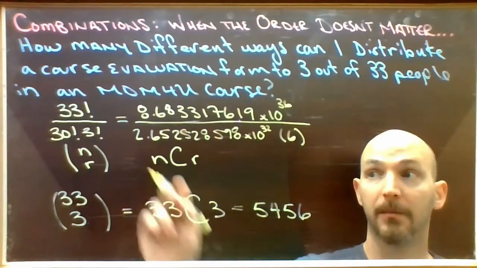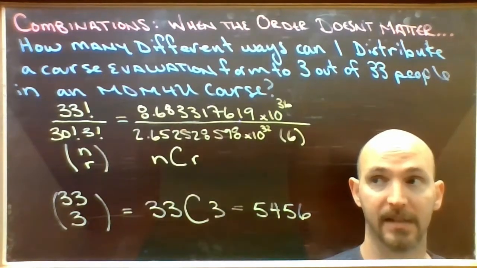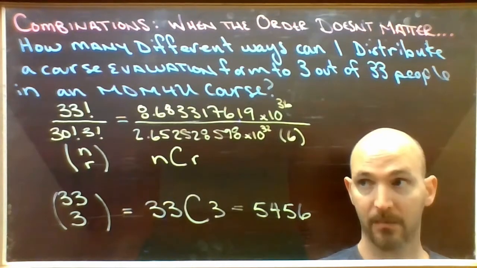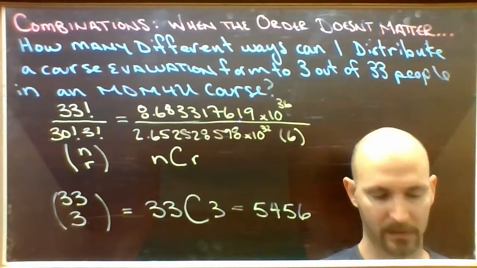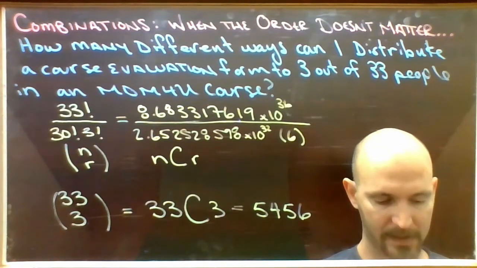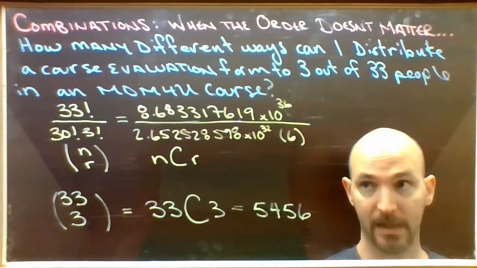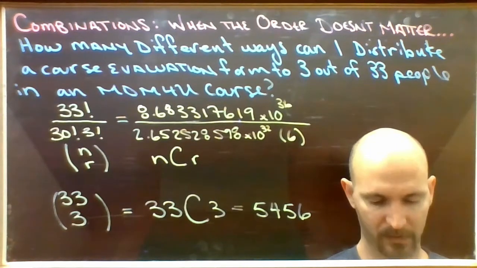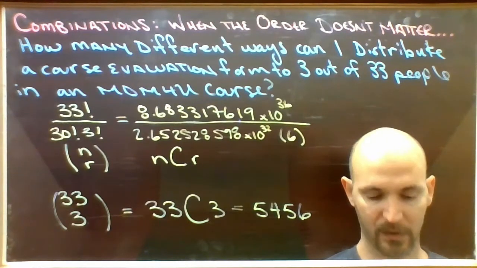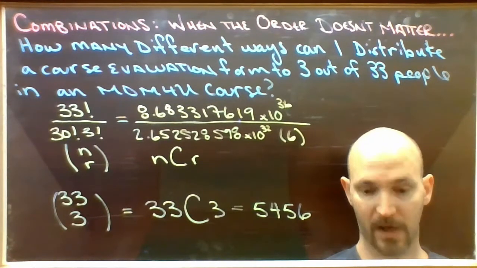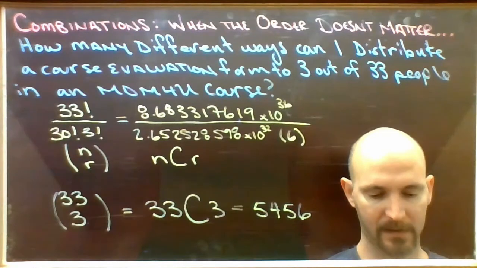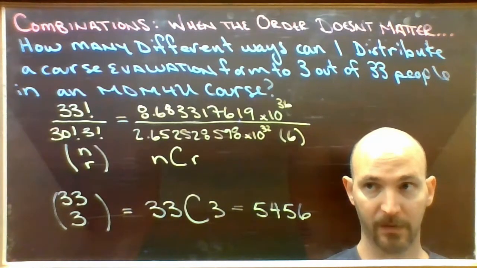Well, okay. I'm going to try this divided by this divided by this and see what happens. 8.683317,619 times 10 to the 36 divided by 2.652528,598 times 10 to the power 32 is something gross.